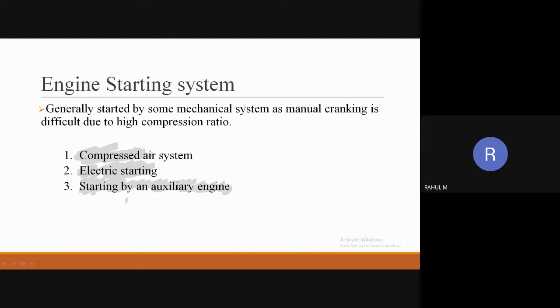Auxiliary engine in the sense you can use a different engine, even a petrol engine, to generate the initial rotation. Then the engine will start working. When the engine starts working, it will automatically cut off the petrol engine. So even an auxiliary engine can be used for the purpose. So this is about the engine starting system.